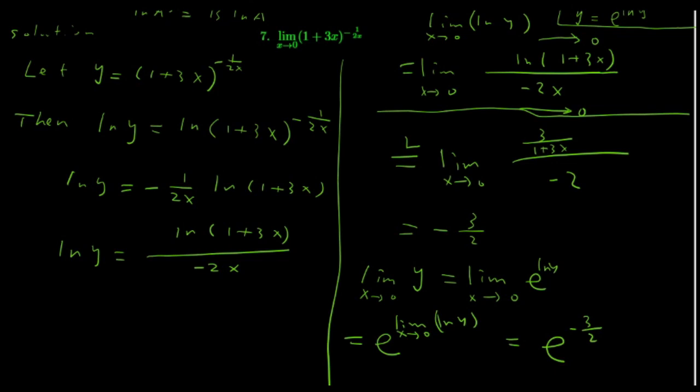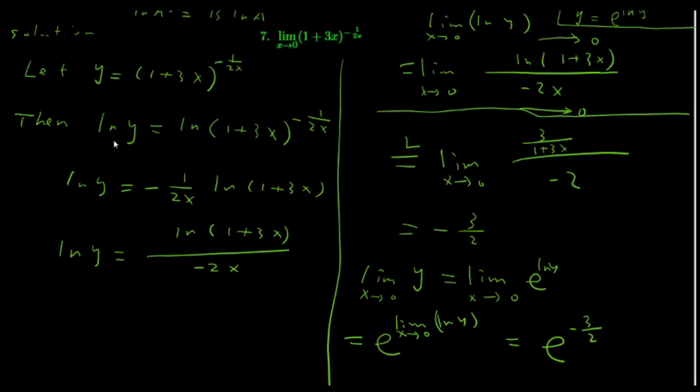Okay, I'm going to summarize a little bit. This type of limit is considered a little bit hard. Basically, when you see a limit in the form of one function to the power of another function, you use the following technique. First, you set y to be the given function, one function to the power of another function, and then you take natural log of y.